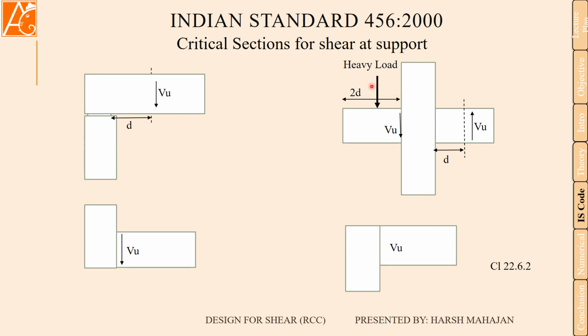If heavy load occurs between 2d and 0, then Vu will be considered at the face of the junction. Similarly, if there is no load in that direction, then again the section at depth d from the support is considered critical. In the case of a beam monolithically constructed with the column, Vu will be considered at the face only, given in clause number 22.6.2.